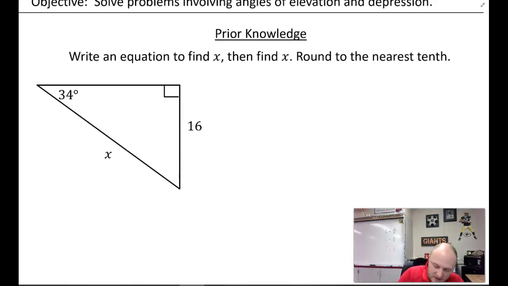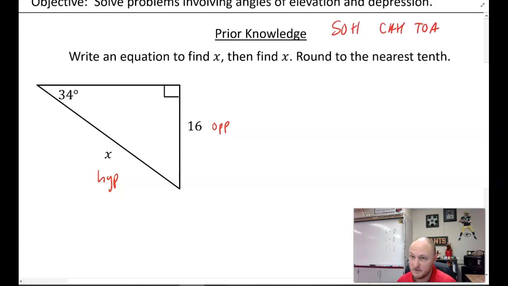Alright, hopefully you first labeled the sides. We have opposite and we have hypotenuse. So that is SOHCAHTOA. Sine function is the winner. So sine of 34 is equal to 16 over x. There is your equation.